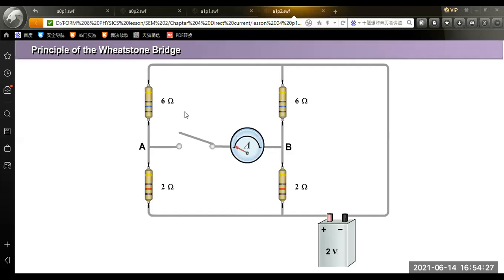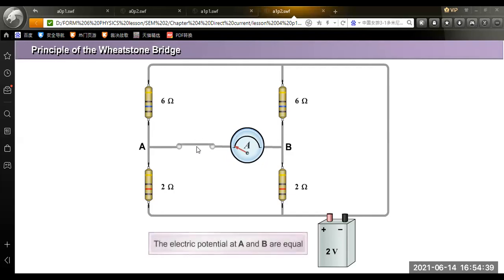Now, if this one is 6 ohm, 2 ohm, 6 ohm, 2 ohm, what will happen if I connect the switch? Once the switch is connected, we notice that the electric potential at A and B are actually equal. The potential at point A and the potential at point B are equal.